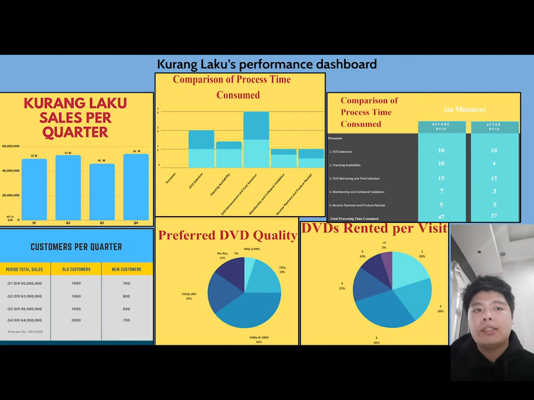So we estimated that there would be a decrease in the availability checking process and also in the membership and collateral validation process, since we put RFIDs on both membership cards and DVDs.